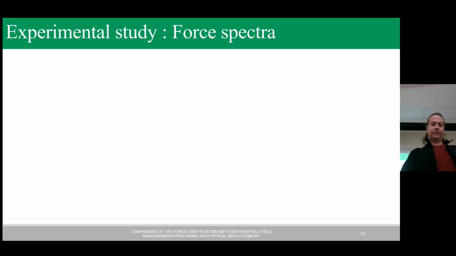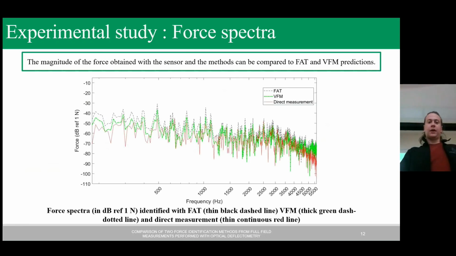And then we can use the signal that we get from the force sensor to see if the predictions of FAT and VFM in terms of force spectra correspond with the signal that we have from the force sensor. So that's basically what we do in the second and last figure. In dashed black, you have the force spectra identified with FAT.